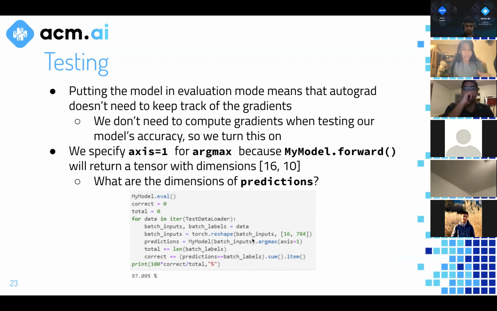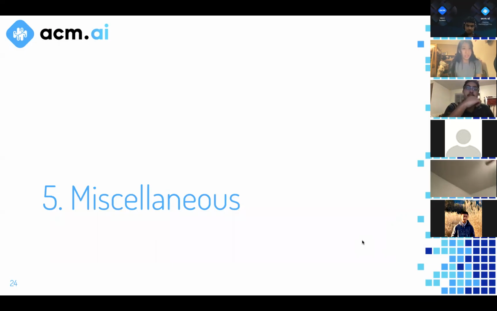And then after we test our model through all of the data, we can just figure out our accuracy by just printing it with that one line at the very bottom. And then, yeah, so essentially when we ran it, the accuracy was about 97%, which is pretty good. So that's essentially what testing is.